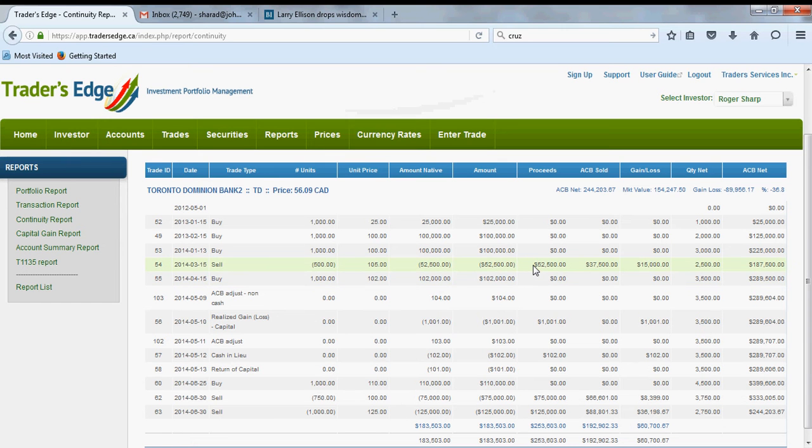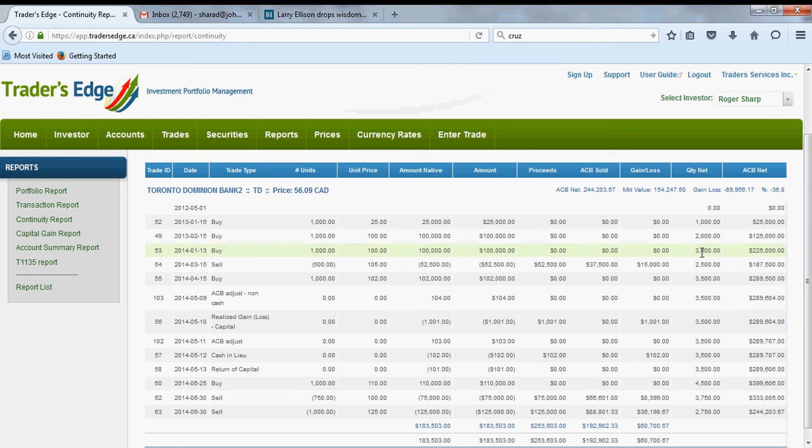And what the system does is, okay, here's your capital gain. That's the money you brought in, the proceeds. And here's the tax cost of those particular shares, which is really a prorated value of the total monies you paid. So you paid a total of $225,000.